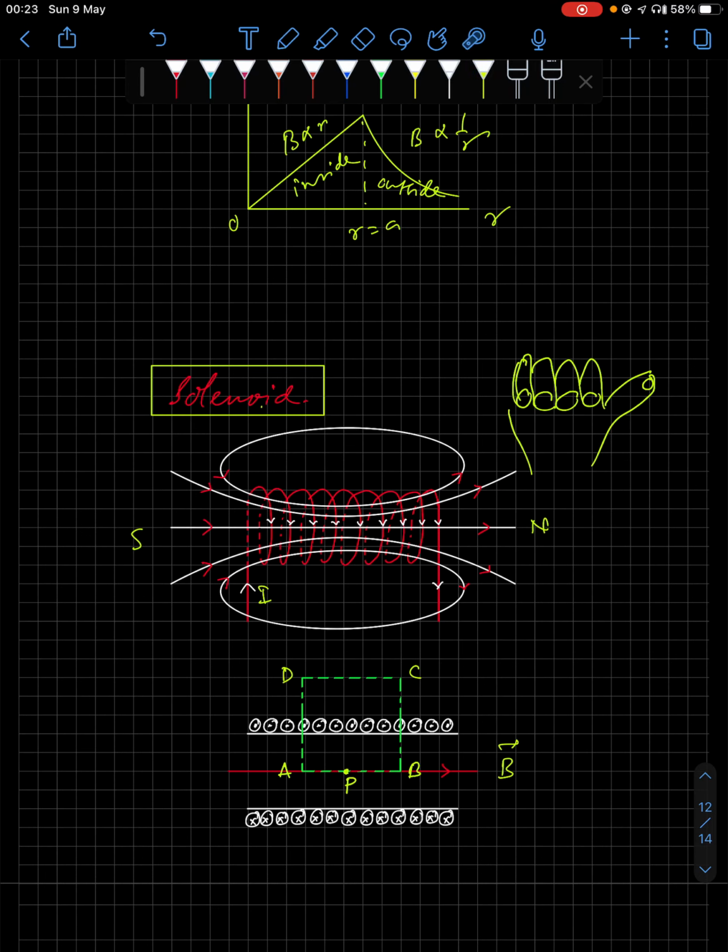So these fingers will point towards the direction of the current in the solenoid, and in that case the thumb will point towards this direction. So the direction in which the thumb points will show you the north pole of the magnet, and consequently the other side will be the south pole. So this will be the south pole. Okay, I'm erasing this diagram.